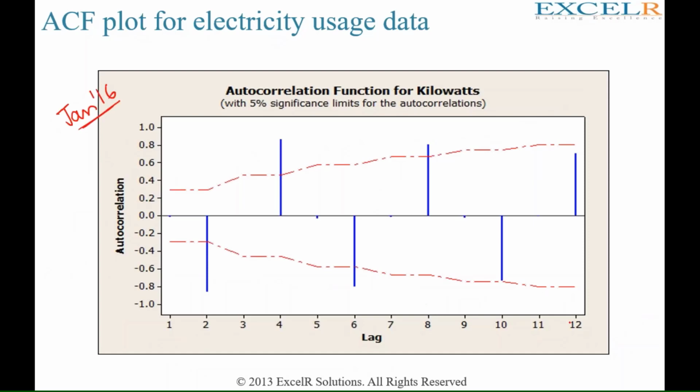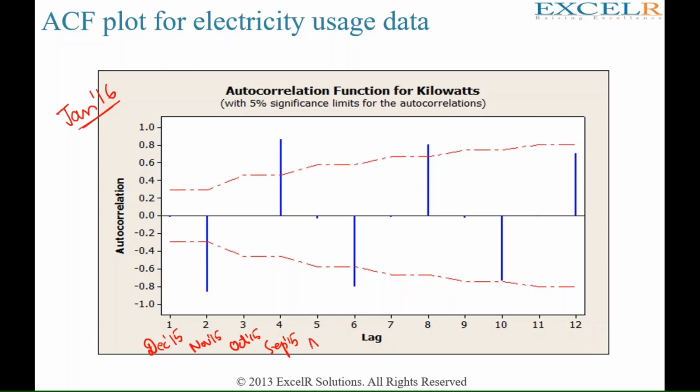And since I have 12 data points, I'm assuming that these are 12-month data. Lag 1 is the previous month, that is December 2015 electricity usage. Lag 2 is November 2015. Lag 3 is October 2015. Lag 4 is September 2015.